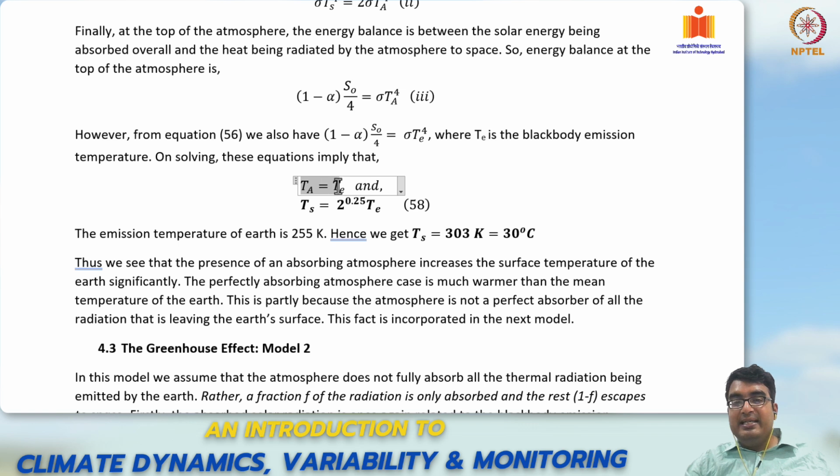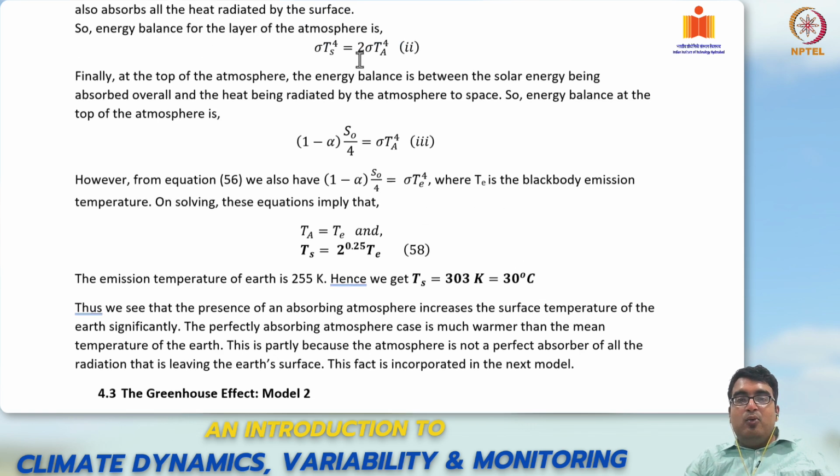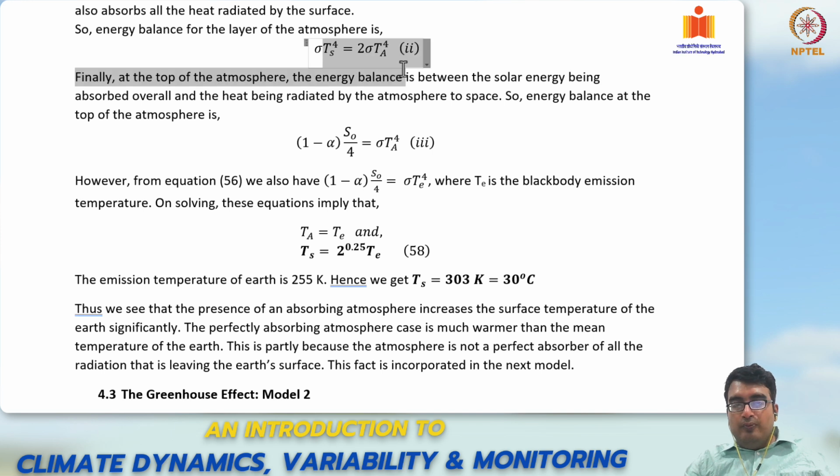So Ta is equal to Te. Okay. So if you put Ta equal to Te in expression 2, the sigma and sigma cancel out. So Ts, the surface temperature, is 2 to the power 1/4 into Te. Clear?